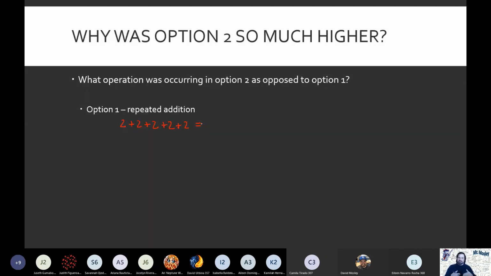Sorry, we're reversing a little bit here. When I'm adding the same thing over and over again, how do we show that mathematically if I have 2 plus 2 plus 2 plus 2 plus 2 plus 2?